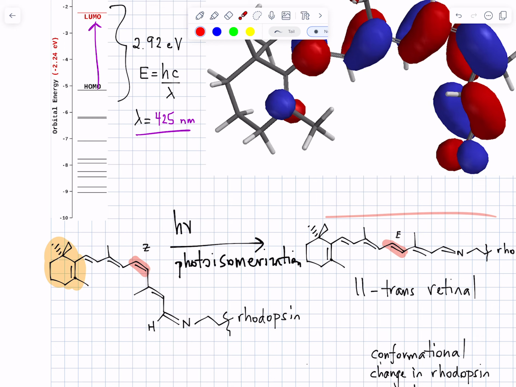And it turns out that, as you're used to expecting, the cis configuration of this double bond is not as stable as the trans configuration. So this retinal molecule is spring-loaded and ready to change, but you have to promote an electron from HOMO to LUMO before the system has enough energy for that to happen. You weaken one of the pi bonds, then you can rotate and get the trans isomer. It's called photoisomerization.